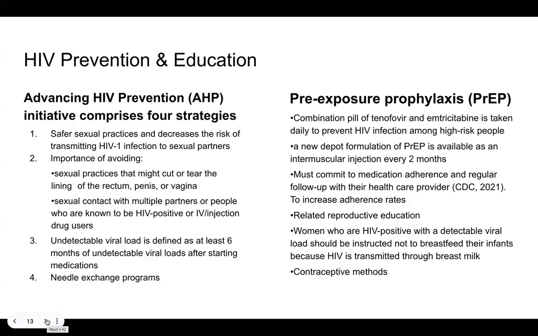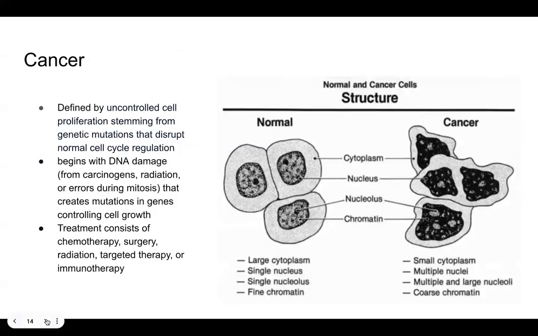And now we are going to move on to cancer. I know we talked about cancer screenings and things like that earlier on in the semester, but now we're talking about cancer in relation to immunology. Cancer is defined as uncontrolled cell proliferation stemming from genetic mutations that disrupt normal cell regulation.